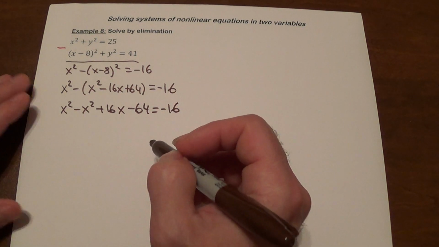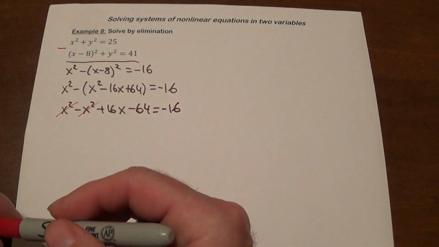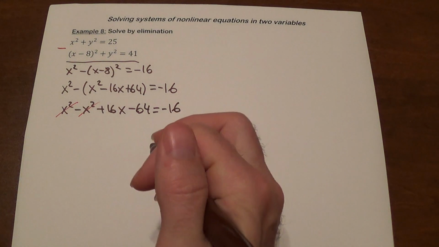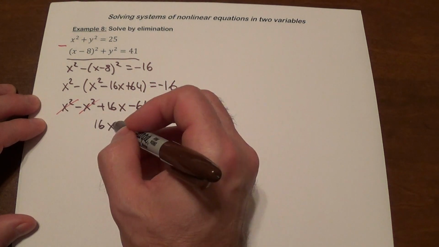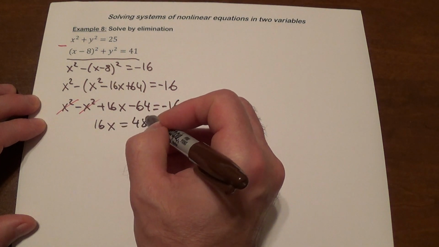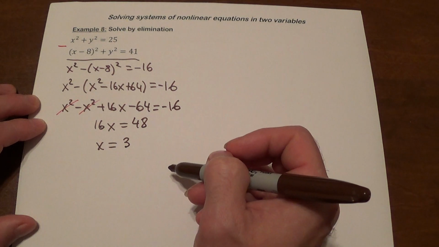Right, so x squared and x squared are going to end up canceling each other. And what are we going to be left with? Well, left with 16x, and if I add 64 on both sides equals 48. So x equals 3. Right?